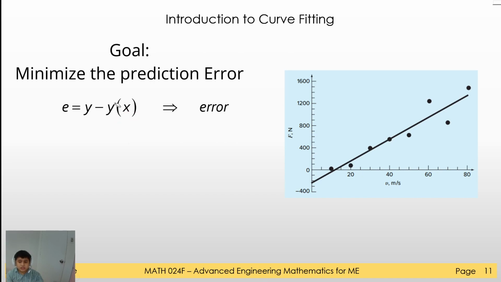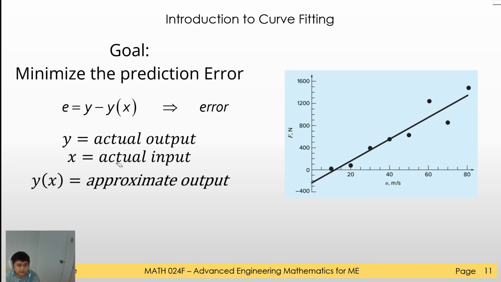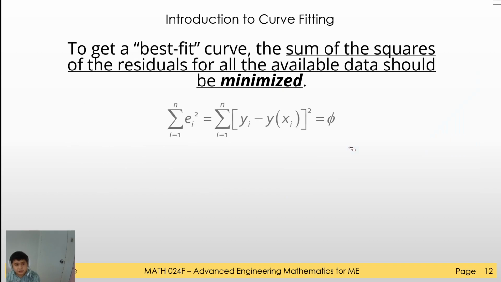The y here is the actual output, and the sample will give us the actual input. And y of x will be the approximate output as a function. We do not know the function, but it could be a linear function, or it might also be a quadratic. We don't know yet. We can analyze this.